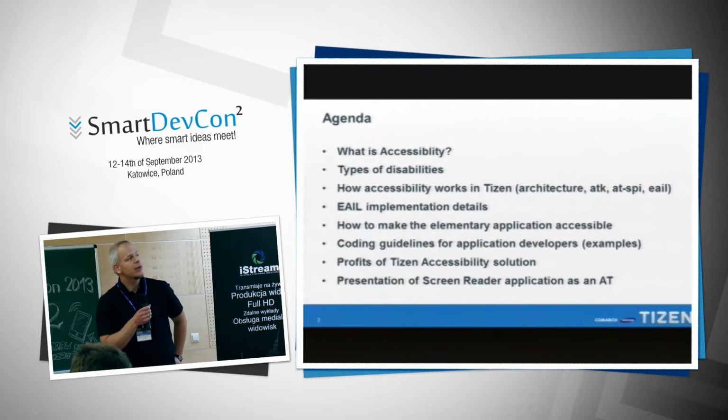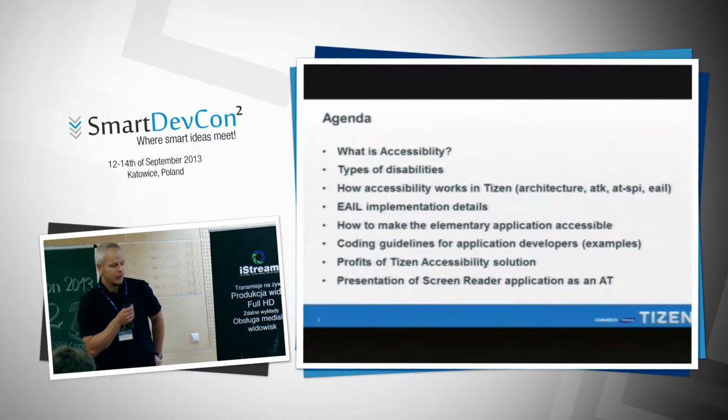I will try to explain how application developers can make their applications more accessible using our solution. And in the end, I would like to also present a screen reader application that we also developed for Samsung Corporation, which is a good example of assistive technology that uses accessibility in Tizen.